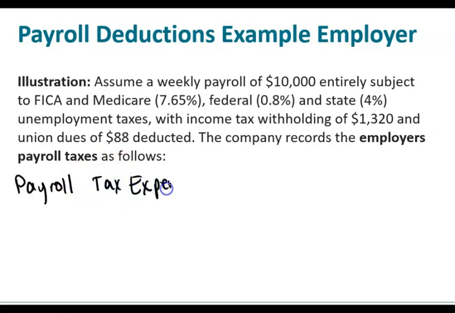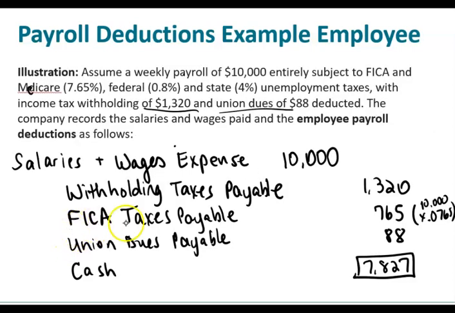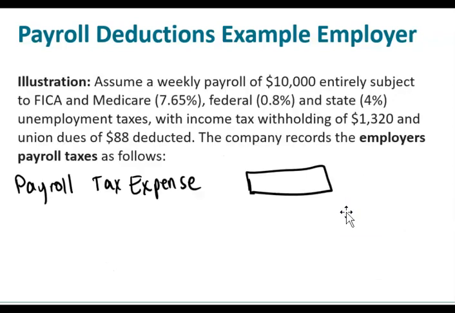And we need to know what goes into payroll tax expense. So we can't book the amount just yet. This is going to be the sum of all of the payroll tax payables. And what payables does the company incur? Well, remember the entry for the FICA taxes payable, this is the employee's portion, and we don't have to write it in our journal entry. But the company also has to pay 7.65% on themselves.